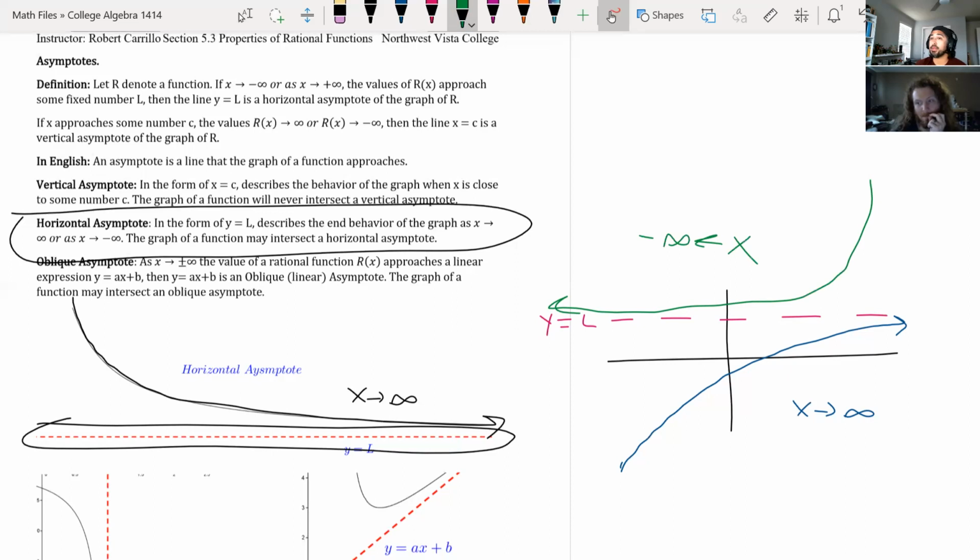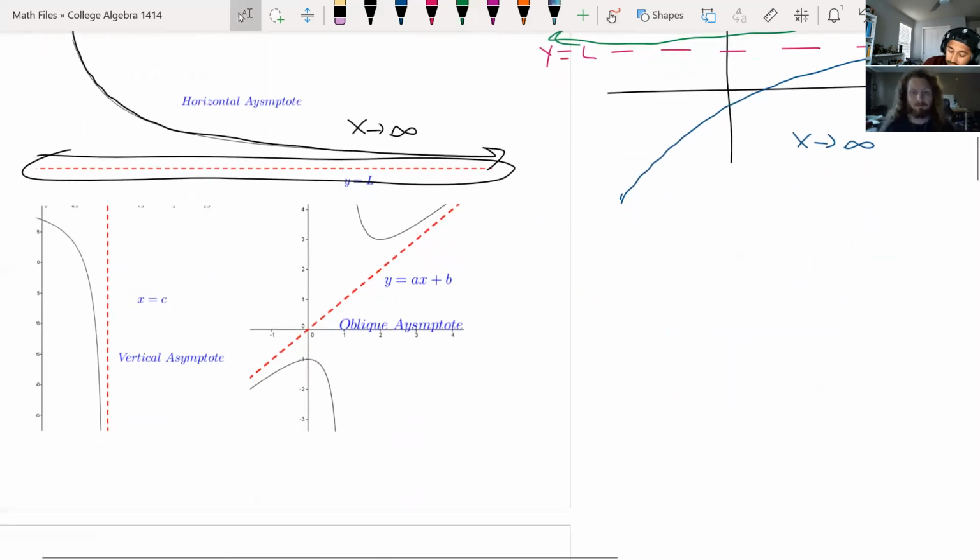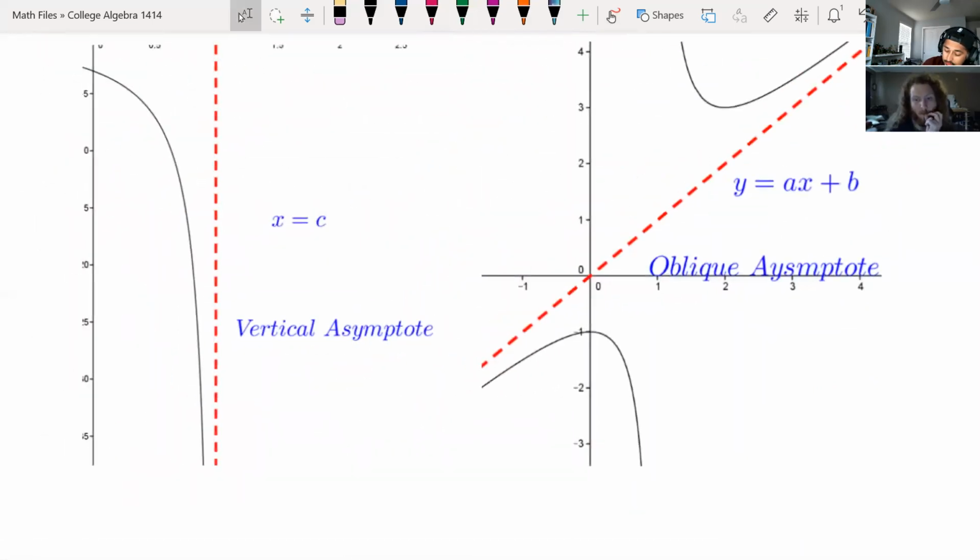The next definition would be for a vertical asymptote. If x approaches some number c, the values of y will either approach infinity or negative infinity. This means that the line x equals c is a vertical asymptote of our function. Okay. So again, I have a picture of a vertical asymptote down below.